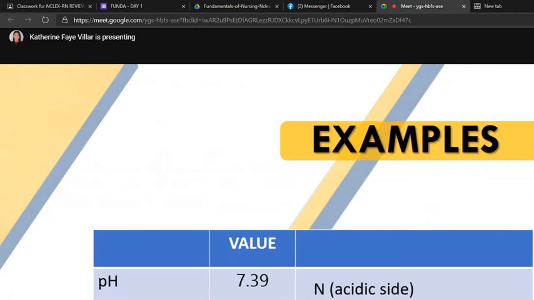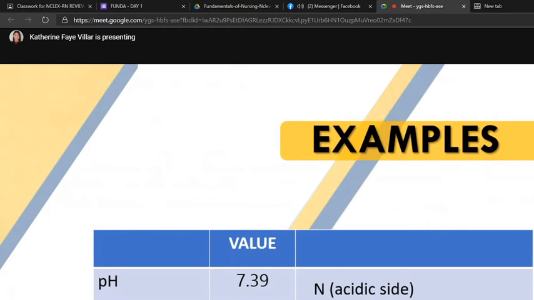So, in this example, nakikita po ninyo na normal naman ang pH. Meron pa rin po ba tayong reading? It's respiratory acidosis. Pero normal naman yung pH. Paano po yun? Always remember po na ang pinaka-normal value for the pH is 7.40.